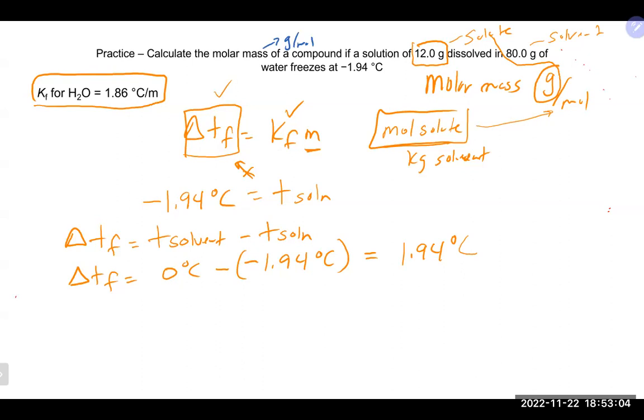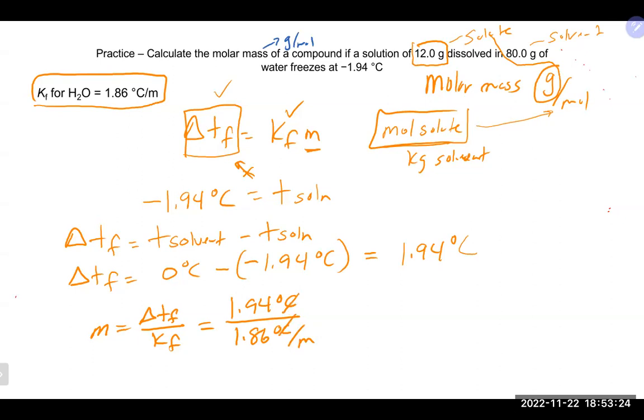Now that we have that, the molality here would equal the change in freezing point temperature divided by the Kf. That would give us 1.94 degrees Celsius divided by our 1.86 degrees Celsius per molality. The degrees Celsius will cancel.